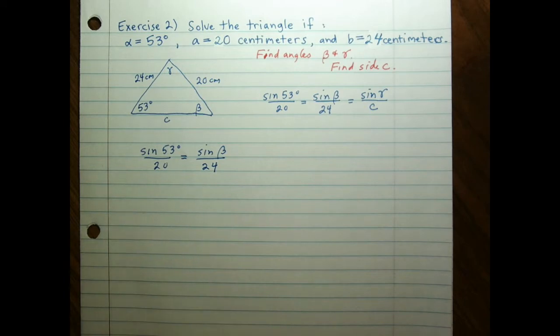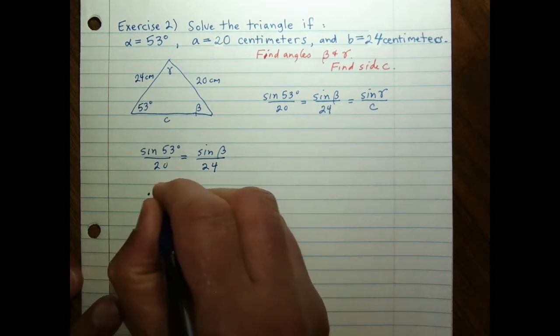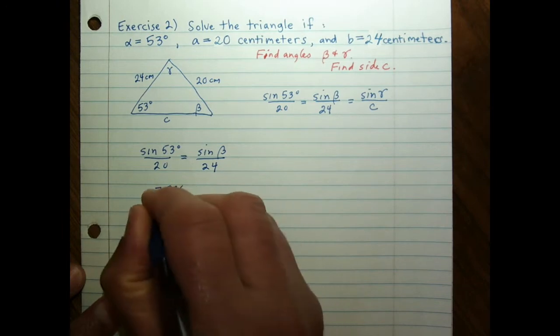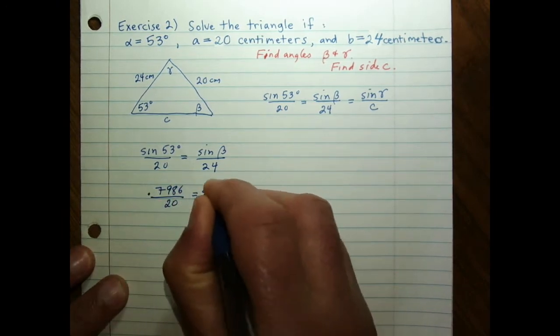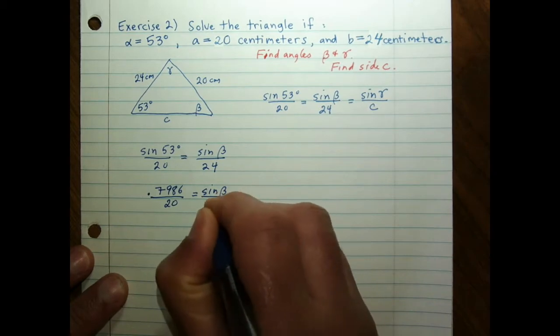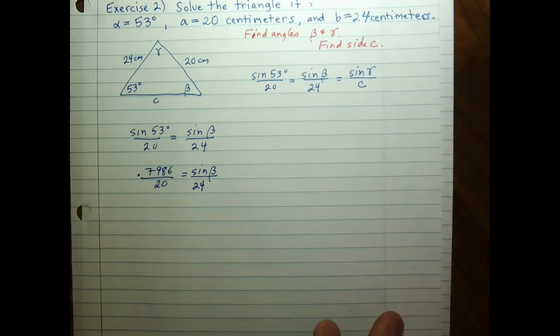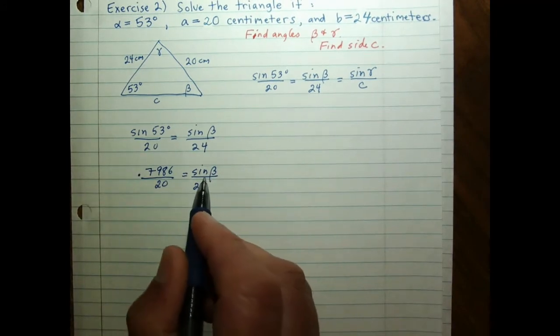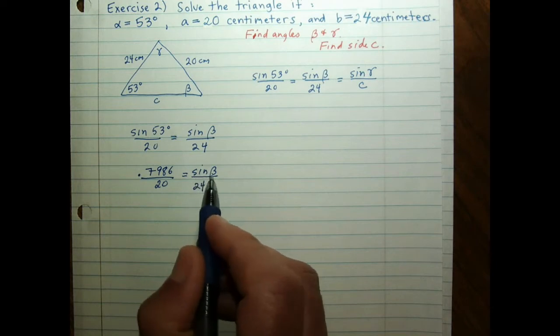So I need my calculator value here for sine of 53 degrees. I get 0.7986 over 20 equals sine of beta over 24. Now this is actually a little trig equation like in the previous chapter, where in order to get beta we first have to isolate sine beta.